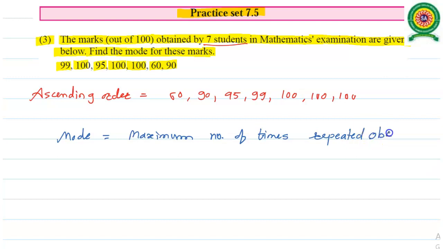Here 60 occurs exactly once, 90 only once, 95 once, 99 once, but 100 is repeated 3 times. So the maximum repeated observation is 100. So the mode of the given data is 100.